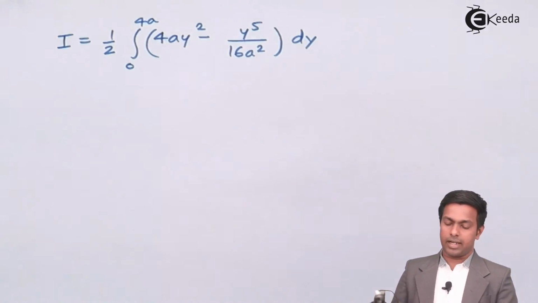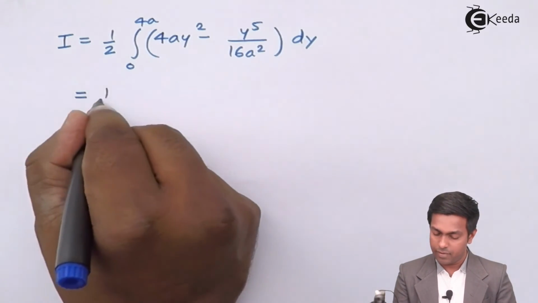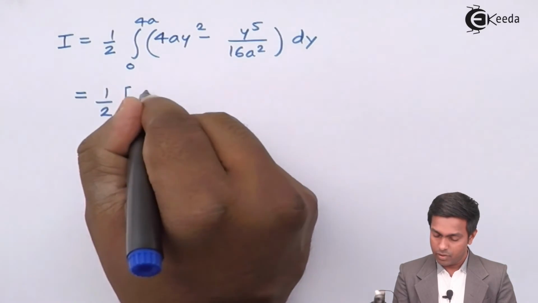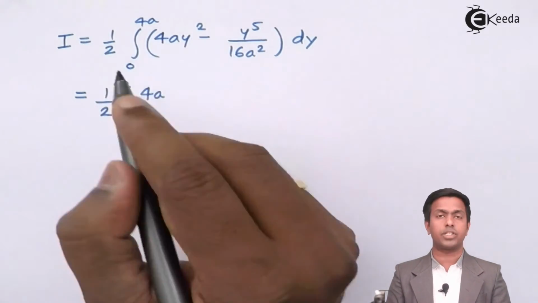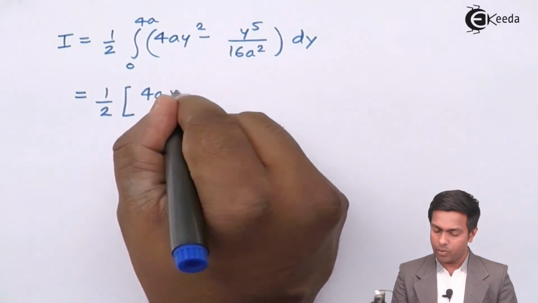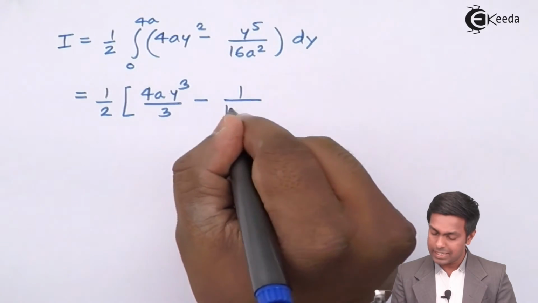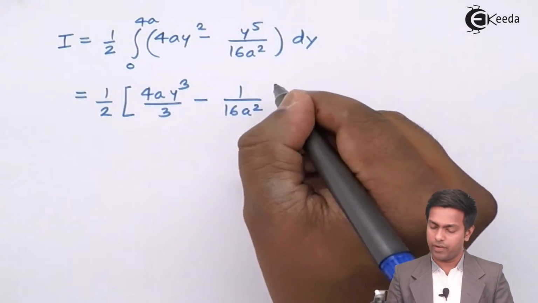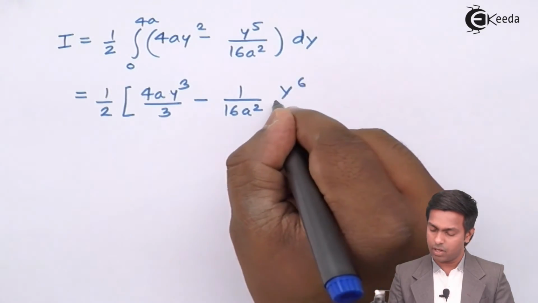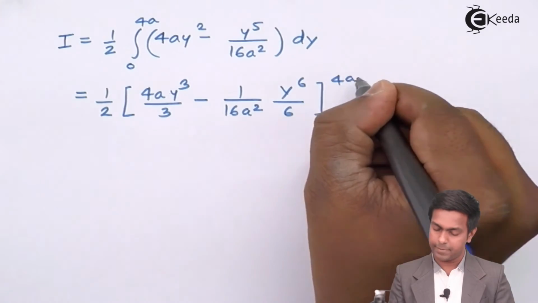Now guys, we'll integrate these two terms. So we will get half, 4a as it is, since it's a constant, we'll take it outside. For y square we'll get y cube upon 3, minus 1 upon 16a square, a constant. For y raised to 5 we'll get y raised to 6 upon 6, from 0 to 4a.